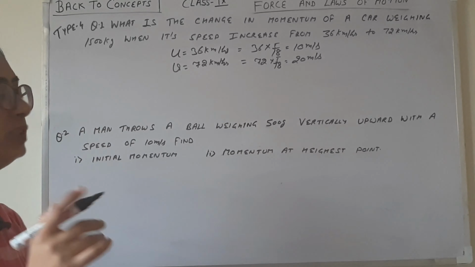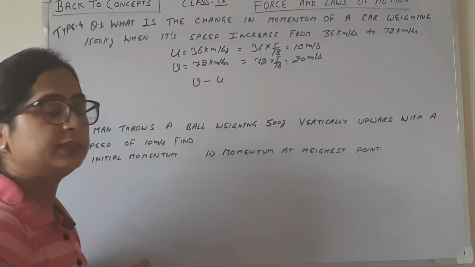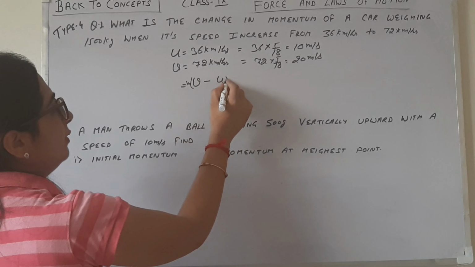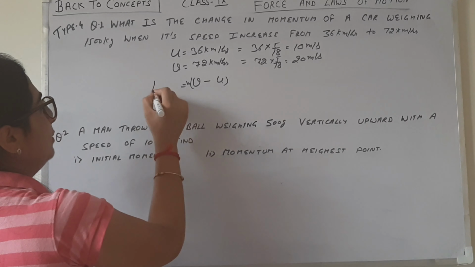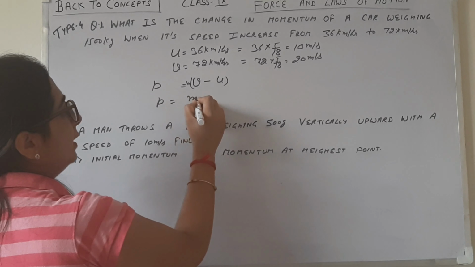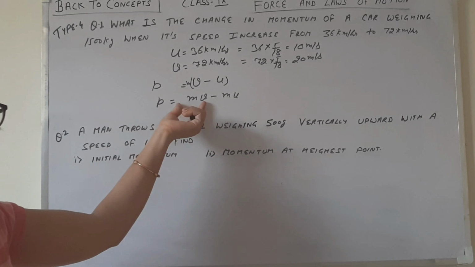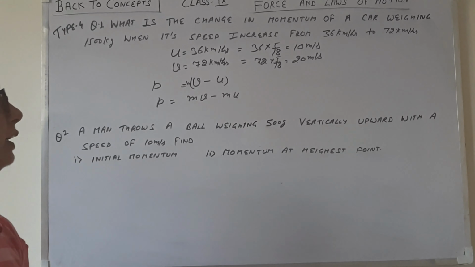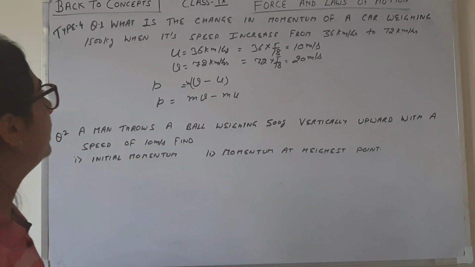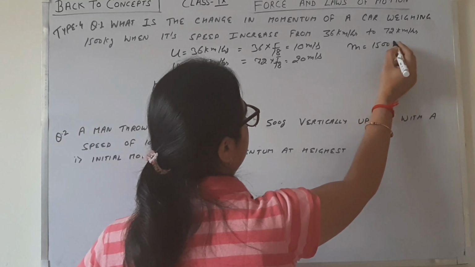What's the change in speed? Final speed minus initial speed. So what's the change in momentum? If we multiply it with the mass, it will become change in momentum. So change in momentum becomes mv minus mu. This is the final momentum and this is the initial momentum. So mass is given, 1500 kg. So we write 1500 kg.